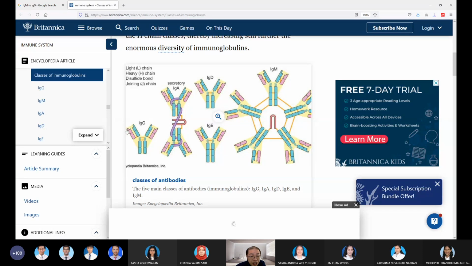Whereas IgG has high affinity, meaning the individual binding between IgG, the antibody, and the antigen is very strong. So that's the difference between these two. Normally IgG is known as having high affinity, IgM is high avidity.